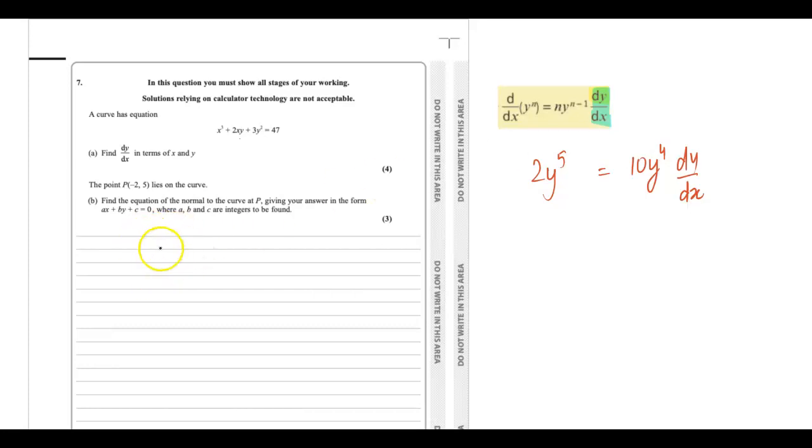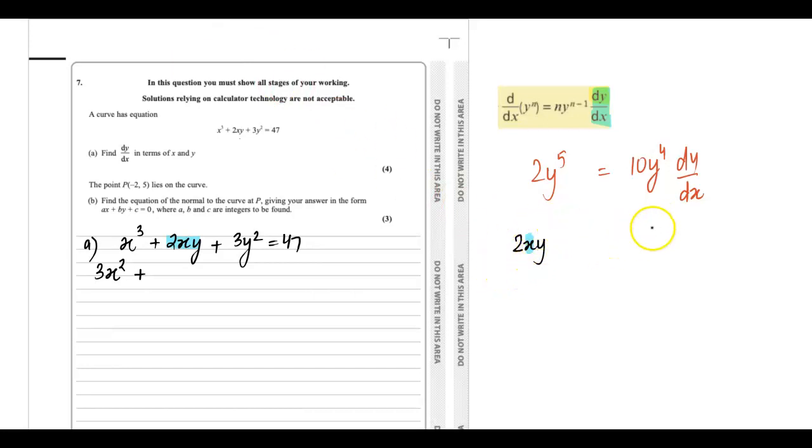Okay, so let's continue. A part, we have x cubed plus 2xy plus 3y squared plus 47. So x cubed is going to be 3x squared plus, okay, over here, be careful, let me show you. It's 2xy, we're going to be using the product rule. First we're going to be differentiating x.